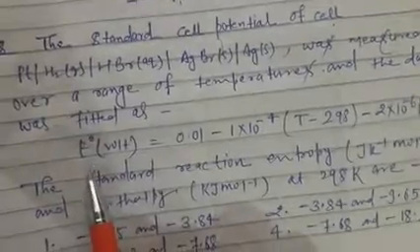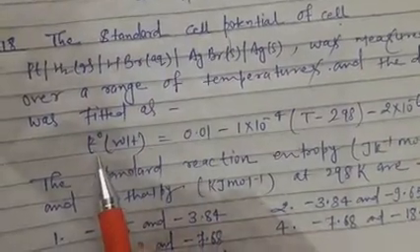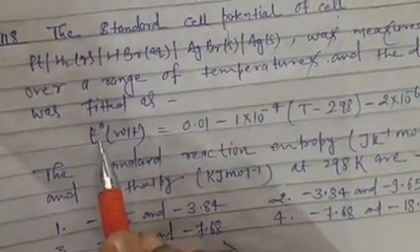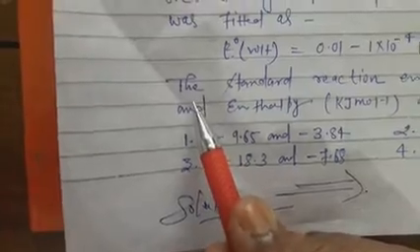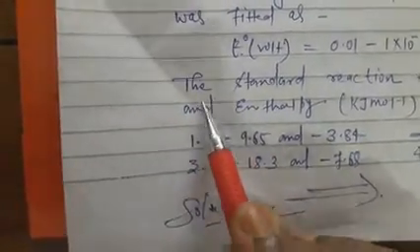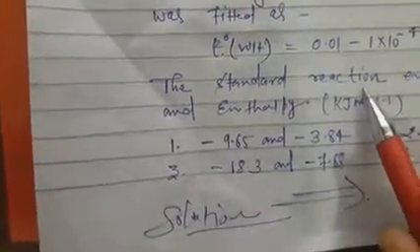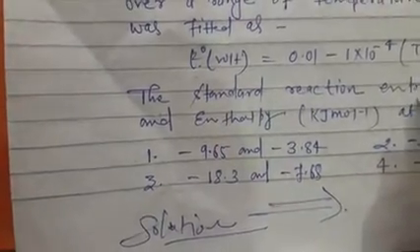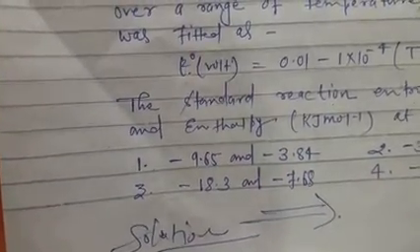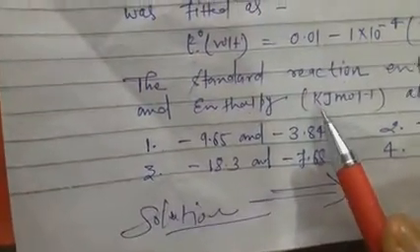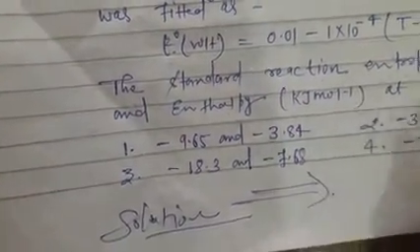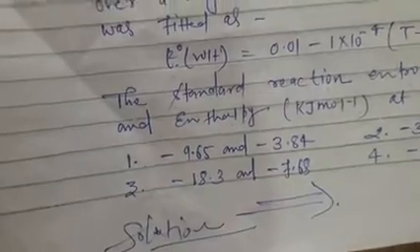Here, equation of a standard EMF is given. Now, the standard reaction entropy, in joule per Kelvin per mole, and enthalpy, in kilojoule per mole, at 298 Kelvin are asked, and options are given here.